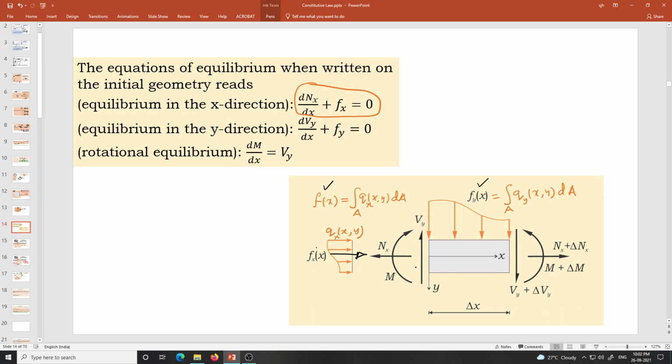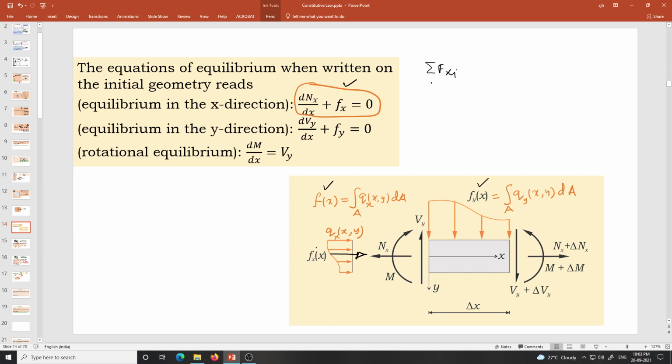In order to maintain the equilibrium along the x-axis direction, the gradient of n needs to satisfy this relationship. This is not difficult to prove if we consider the equilibrium along the x-axis direction.